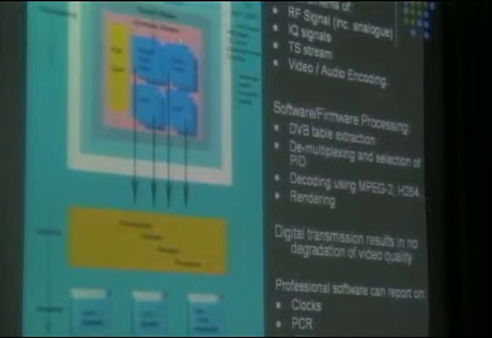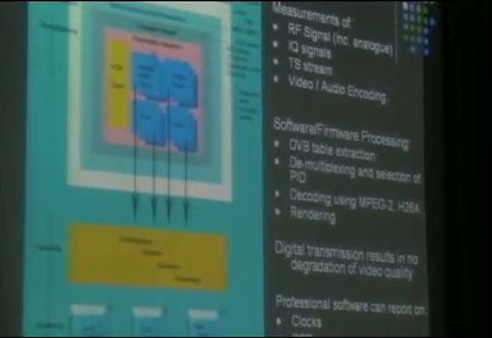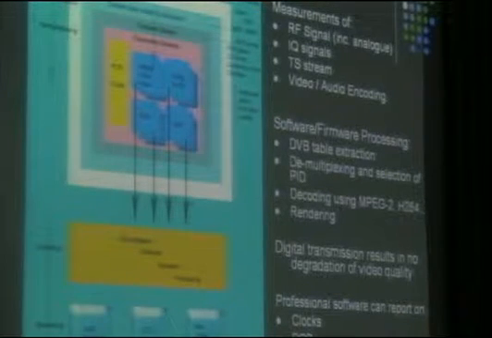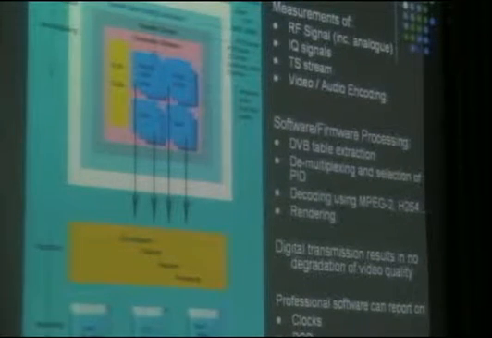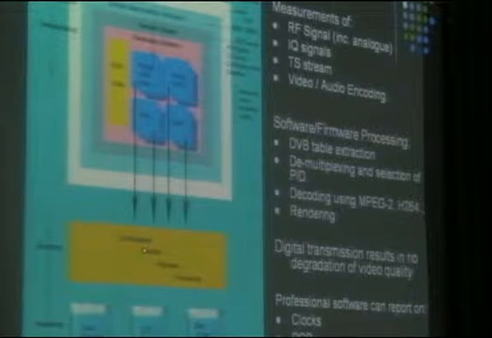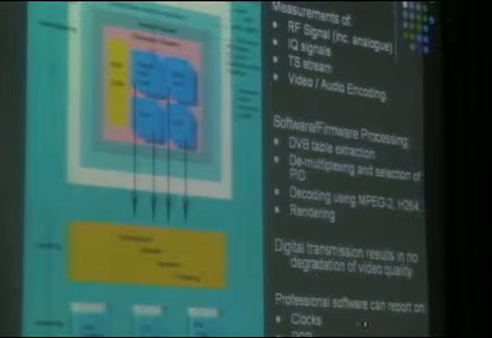And when you have the elementary stream, you can also make some measure about the compression quality in MPEG-2 or H.264. And the last part is just to decode and to render.